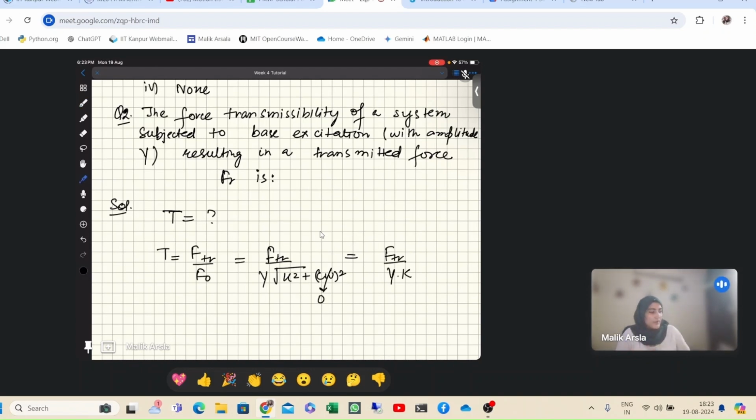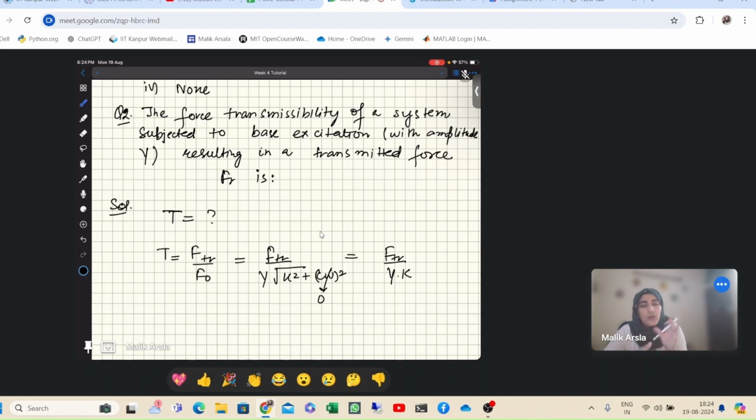Now you must be knowing where this formula came from, right? Everyone is aware about it, or should I explain it? Yes, ma'am, it has been covered in the video lecture. Basically, you simply make the FBD of the system, and this time there will be a harmonic excitation of the base as well.